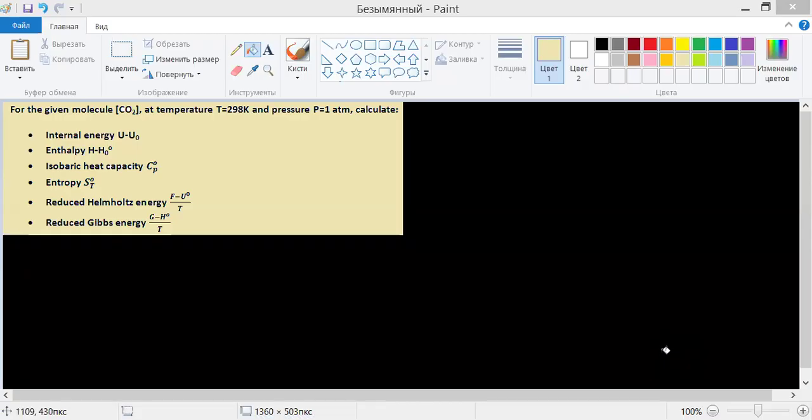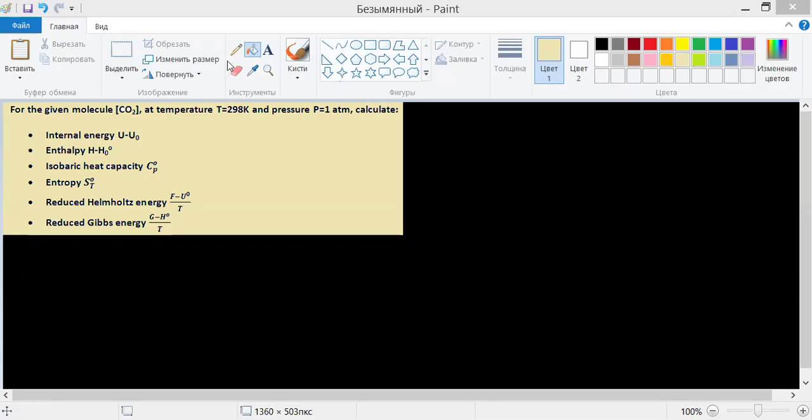So we have been given the molecule of carbon dioxide, and the temperature is 298 kelvins, and the pressure is standard, 1 atmosphere, and they want us to calculate internal energy, U minus U sub 0, enthalpy, H minus H sub 0.